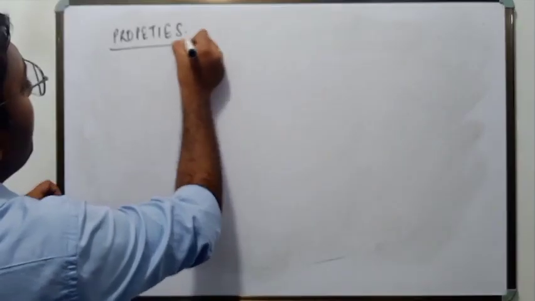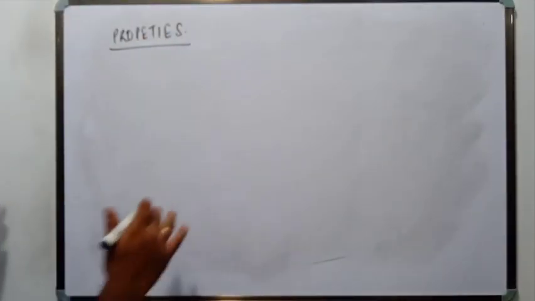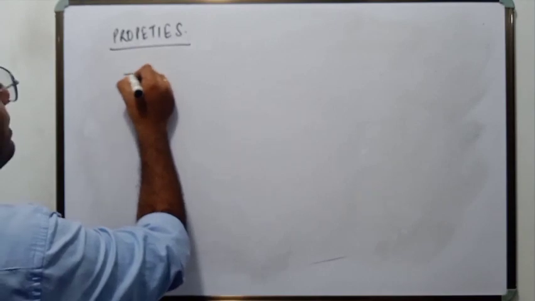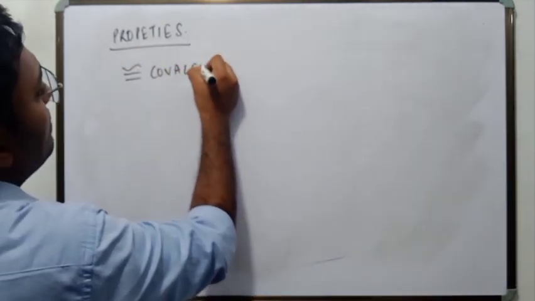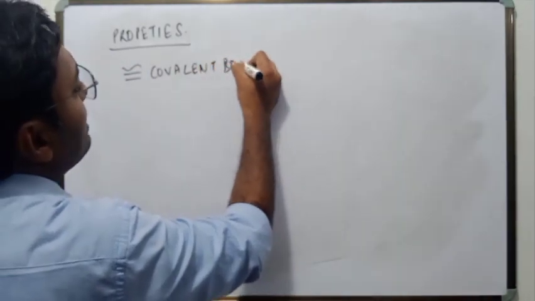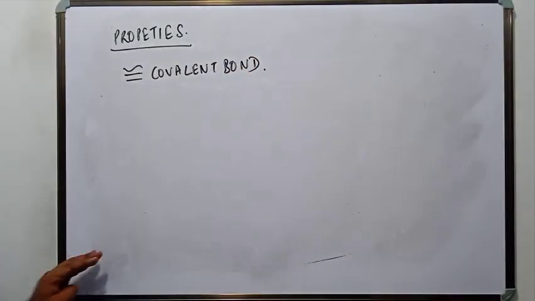Now let us go to the properties of coordinate covalent compounds. A coordinate covalent compound has the same energy as a covalent bond, because it is nothing but a covalent bond. There are two things that are different.